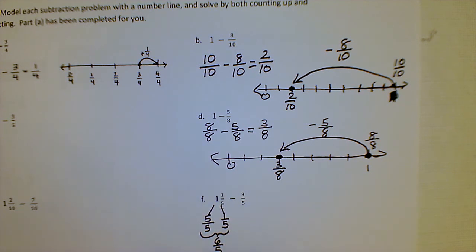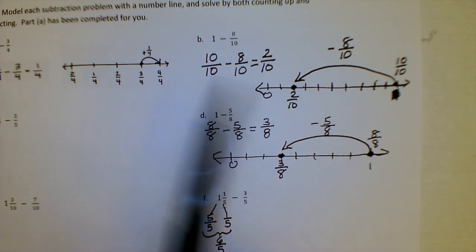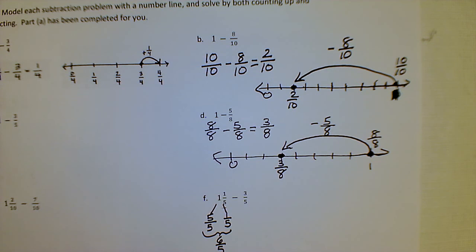I'm going to rewrite it this time just to keep it neat. 6 fifths minus 3 fifths is equal to 6 minus 3, which is 3 fifths. So now what we want to do is, do they want us to use a tape diagram? I don't think so. It says that we want to do it with a number line again.